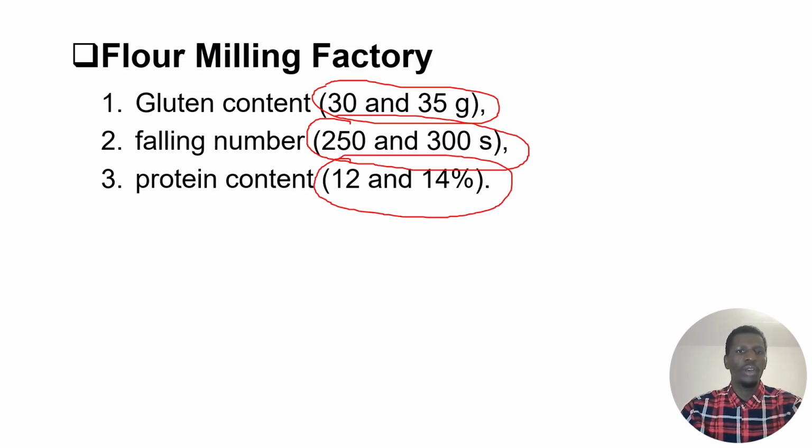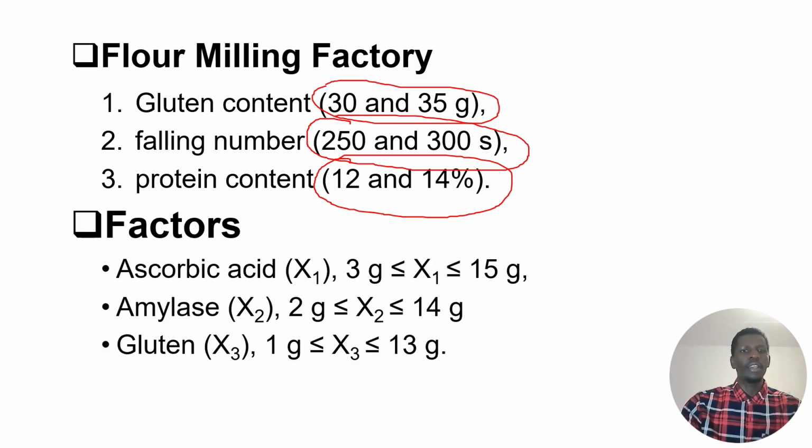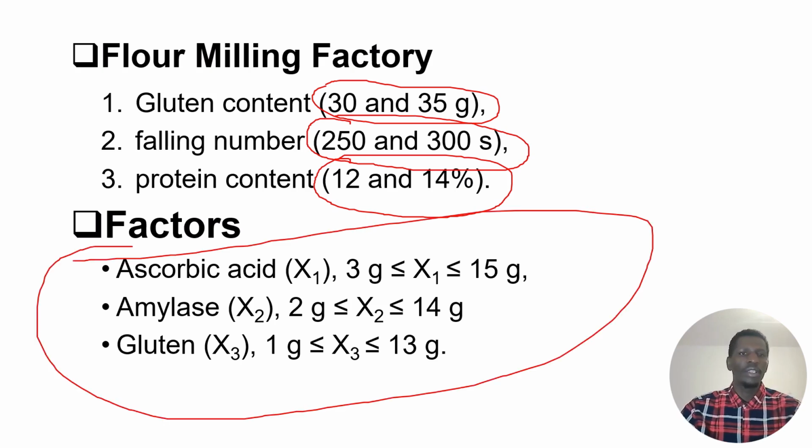So again, you have to know the factors that can actually give flour with these quality specifications. And here, the engineer in charge has decided to go with ascorbic acid, amylase, and gluten. And based on the design specifications, the engineer has decided to go with these limits.